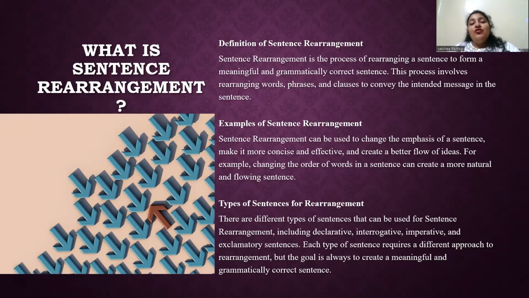So, what is the definition of sentence rearrangement? Sentence rearrangement is a linguistic technique that involves reorganizing the words, phrases, or clauses in a sentence to create a new sentence with a different structure, emphasis, and meaning, while maintaining the original sentence's core meaning and grammatical accuracy.